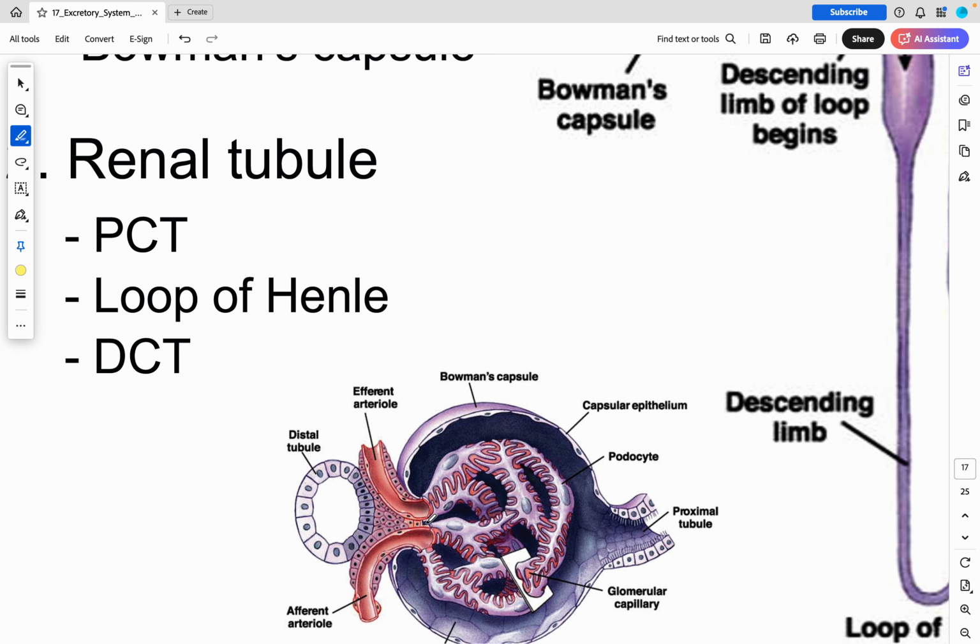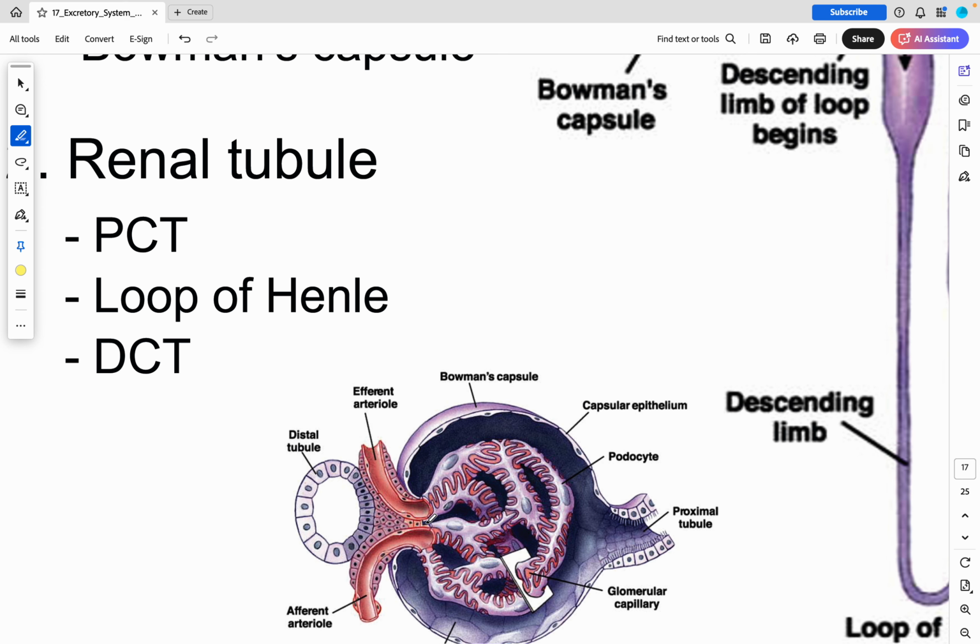And then within the glomerular capsule, we can appreciate the presence of the glomerular layer of filtration, which is composed of the capsular epithelium of the Bowman's capsule, podocytes, and the endothelial layer of the capillaries.